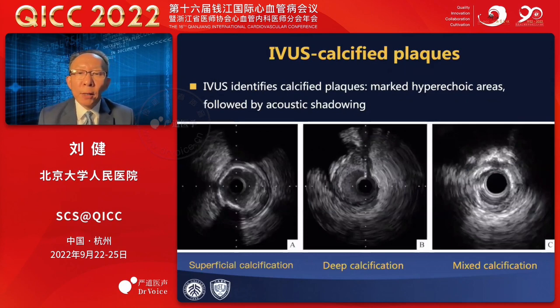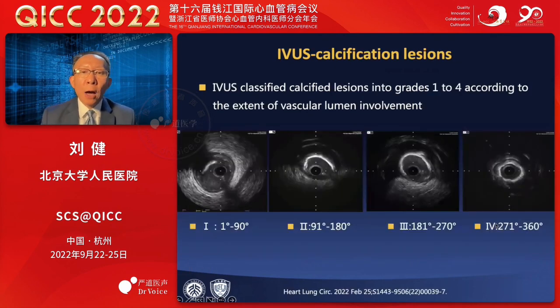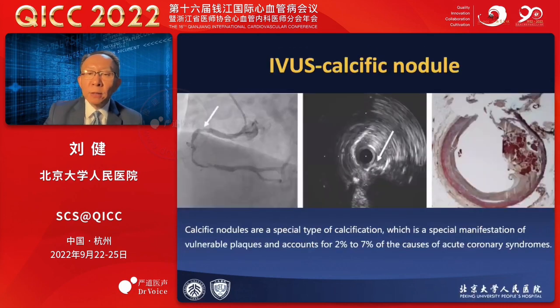And for the IVUS calcified plaques, they look at the acoustic shadowing, and then they have the superficial and also the deep and mix. And also for the IVUS lesions, look at the 90 degrees, 180, 270, and 360 lesions. So these are the 4 different lengths.